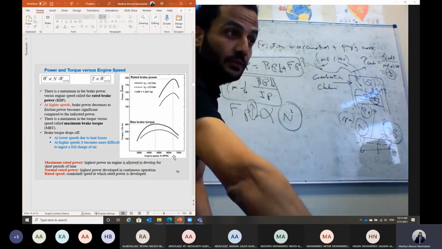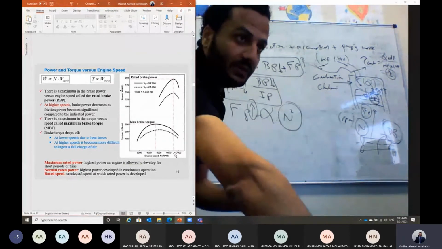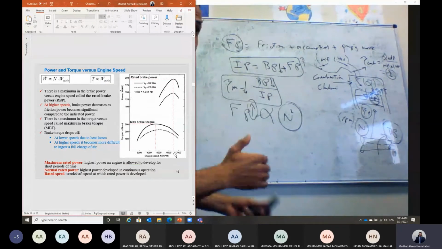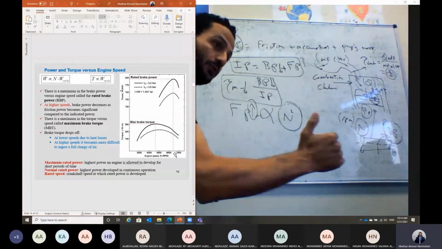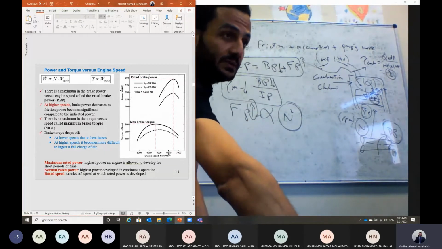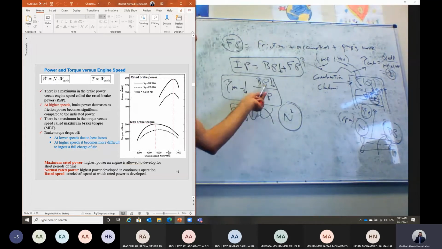If you increase the RPM of the engine over 6,500, which is very high, usually when you drive your car, it should be around 2,500, 3,000 RPM. But if you want to get the rate of this engine, when you increase the RPM, that means you are consuming more fuel. So that means we are increasing the brake power. And also the indicated power is increasing, and the mechanical efficiency will be increasing.